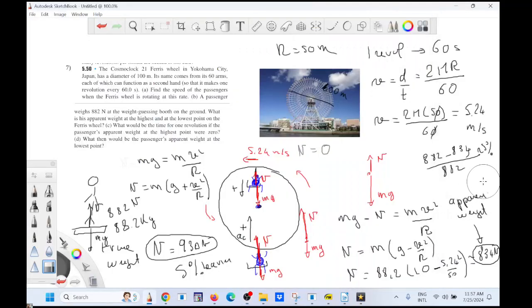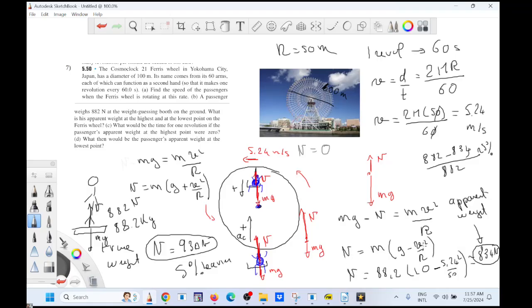So the issue with those wheels is that, let's say you are sitting here, if the wheel goes too fast, off tangent you go. So in that case, normal force will be equal to 0. As it's going to move faster and faster, if you look at the equation here, you're going to feel lighter and lighter.